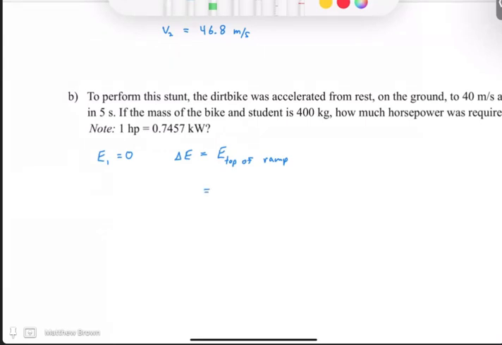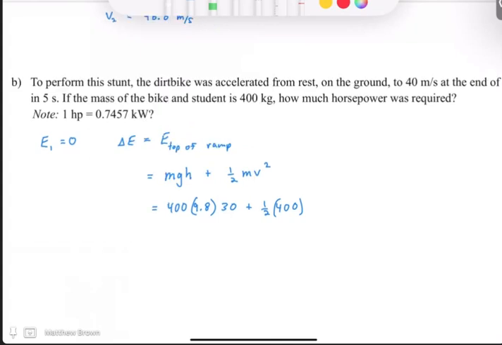Which at the top of the ramp, I'm really just looking at mgh plus 1/2 mv squared. And I'm now told that this is 400 times 9.8 times a height of 30 plus 1/2 times the mass of 400 times V2 was 40 squared.